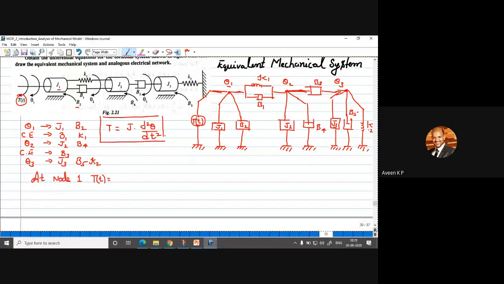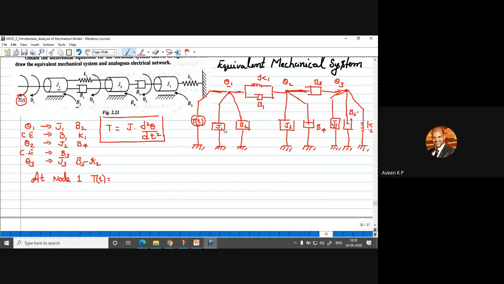Okay, and the spring and friction will behave in the same manner whether it is translational or rotational motion, so remember that. Here we consider the inertia, that is J into d square theta by dt square, where theta is the angular displacement. Note, in case they have given theta of t, you can consider the same.